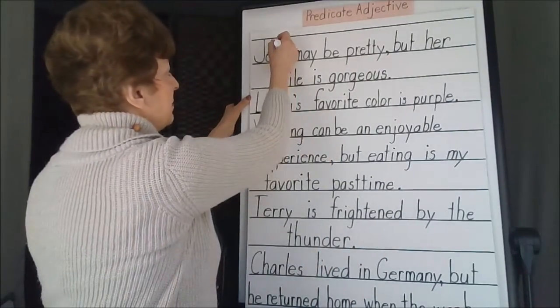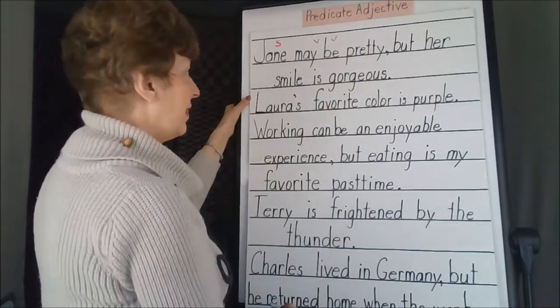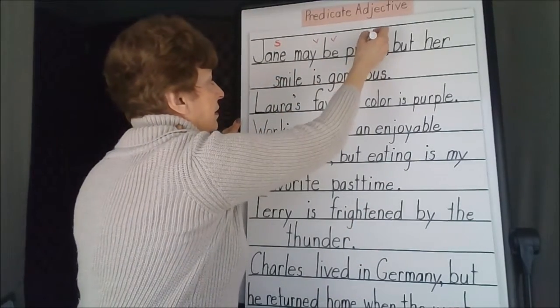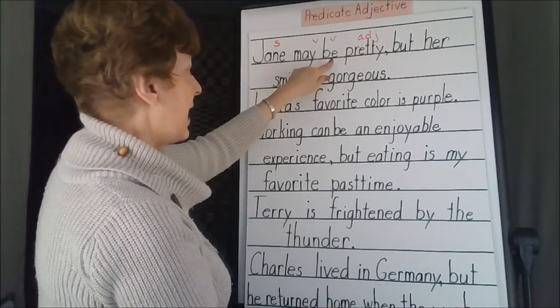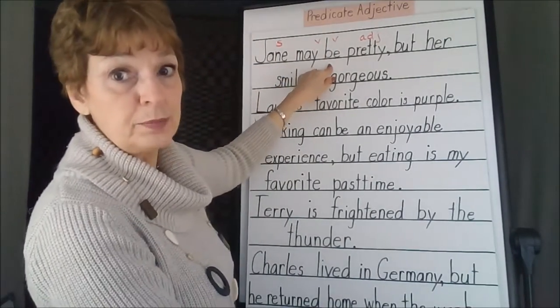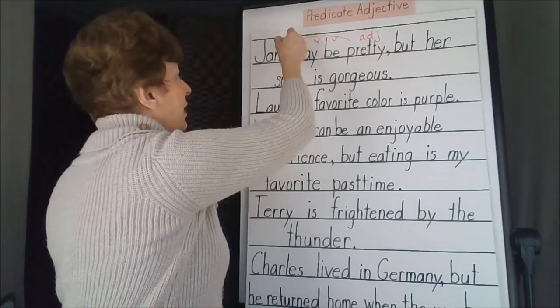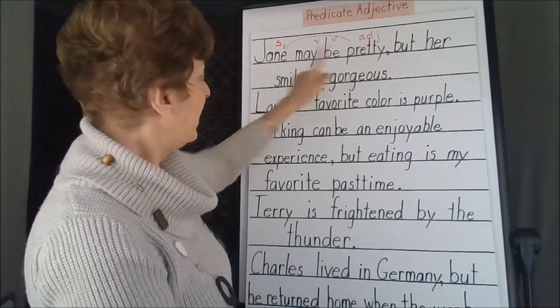So we have our subject here and our verb part there. The adjective that is actually telling us about Jane is after the verb. It's called a predicate adjective because it's not where we would have expected the adjective to be.